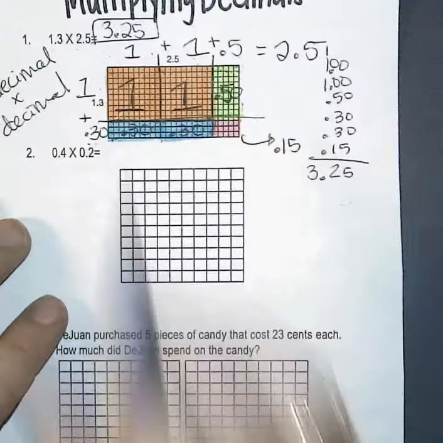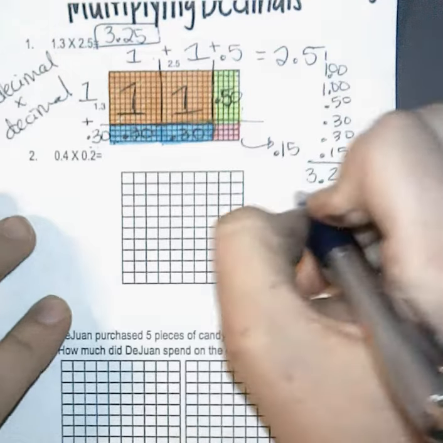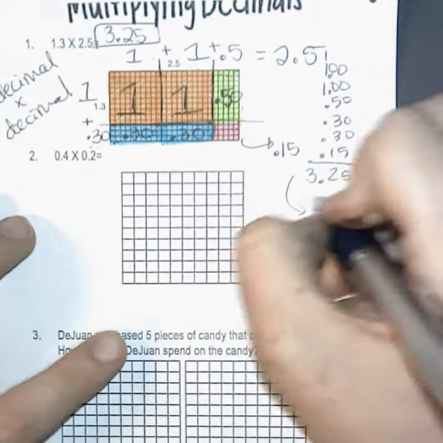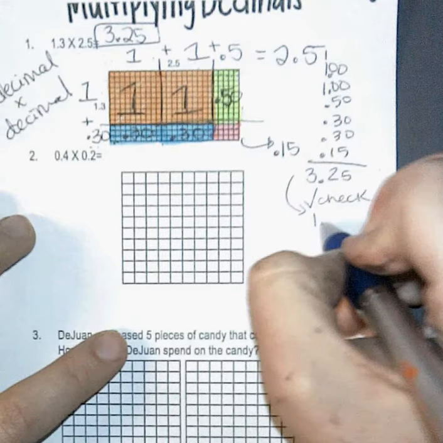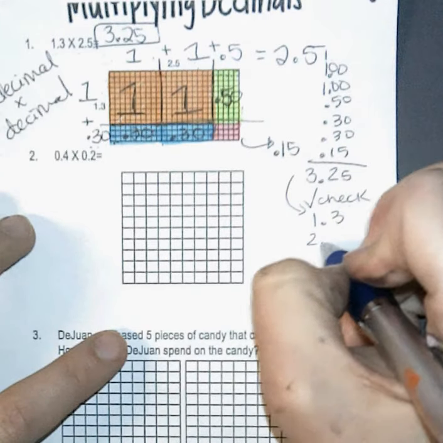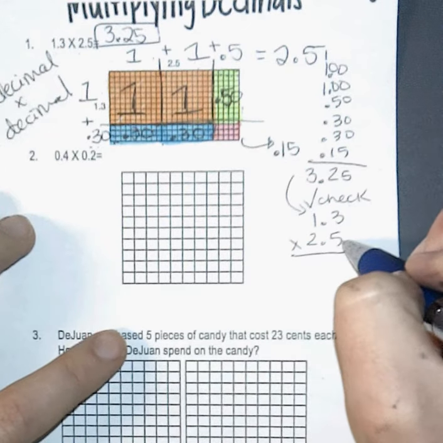Now, if I wanted to check that number, all I have to do is multiply those numbers out. So let's try it down here, checking it. 1.3 times 2.5. We're going to multiply decimals the same way we do regular numbers.